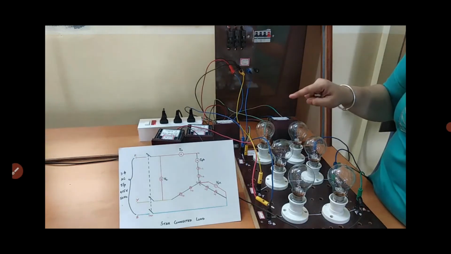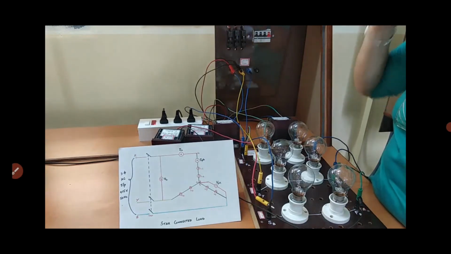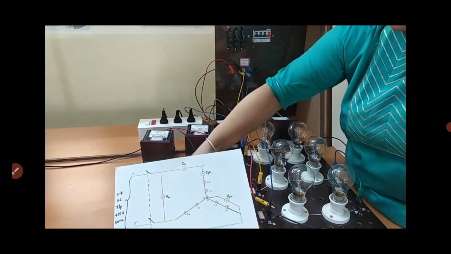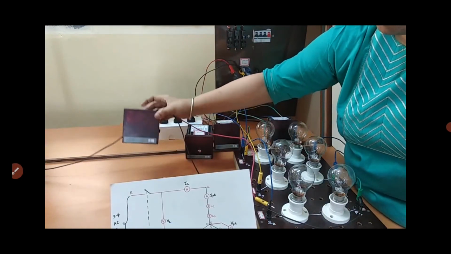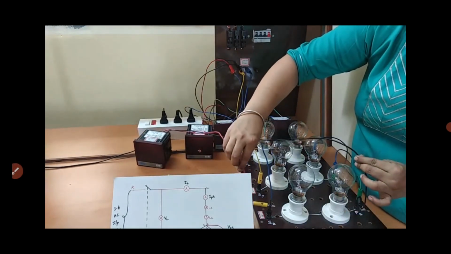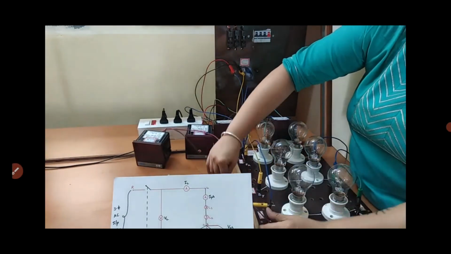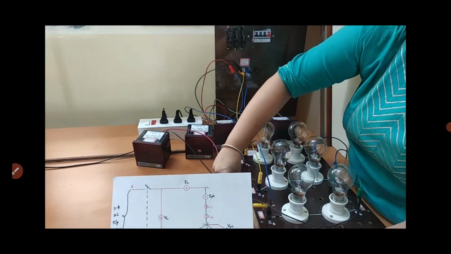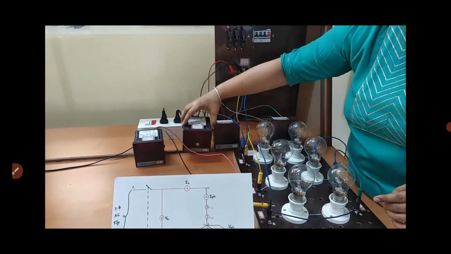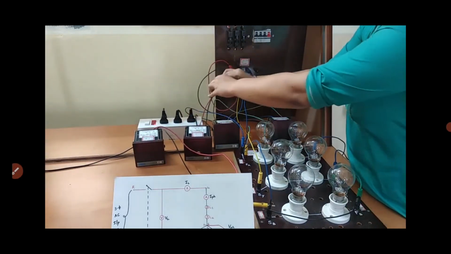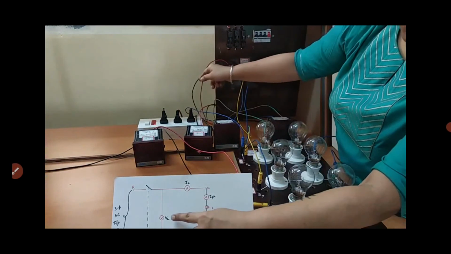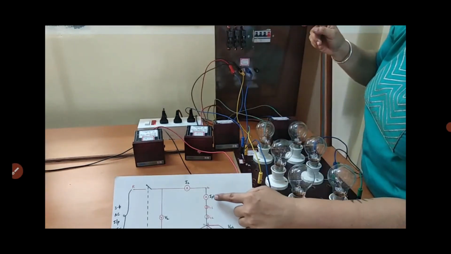So let us learn which instrument measures what. This is the voltmeter connected across SB and FB, that is across the B phase, which measures the phase voltage. Next, this voltmeter connected across line supply R and Y measures the line voltage VL.